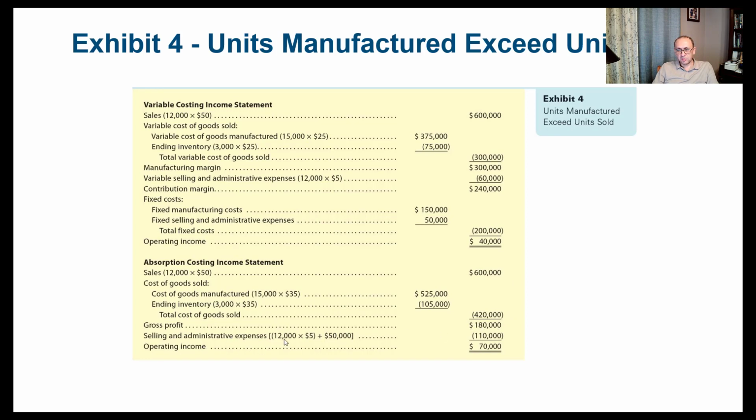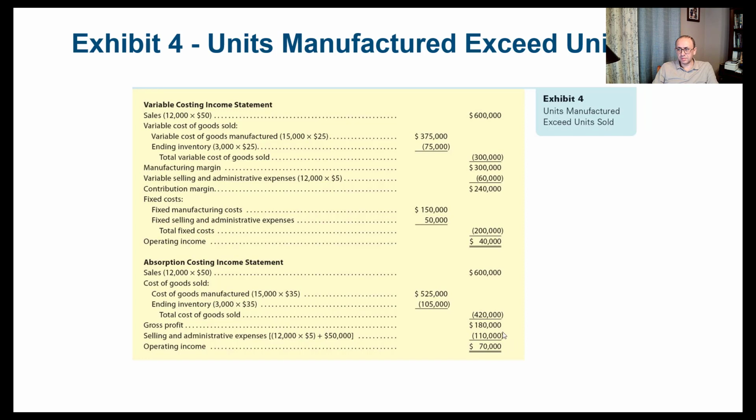Selling and administrative expenses would be 12,000 multiplied by 5 plus the 50,000 fixed cost. The total selling and administrative expenses, variable and fixed, is 110.